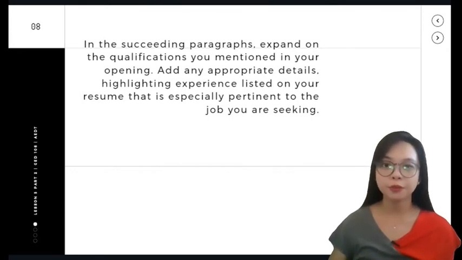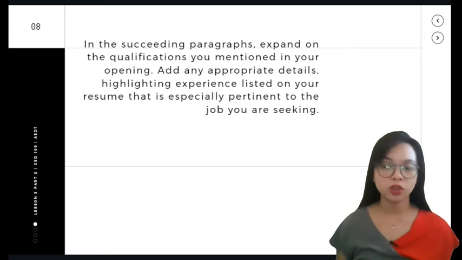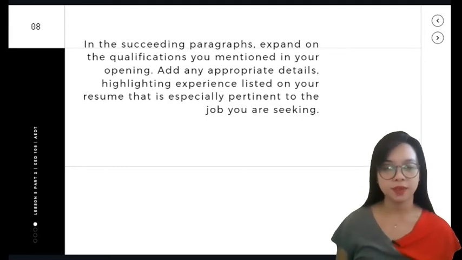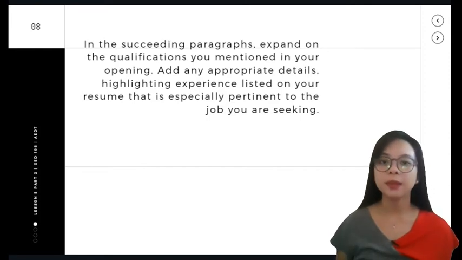Of course, you have to add any appropriate details highlighting your experiences listed on your resume that is especially pertinent to the job that you are seeking. So if it is not relevant to the job that you want to apply for, better not add it in the application letter or even in the curriculum vitae.